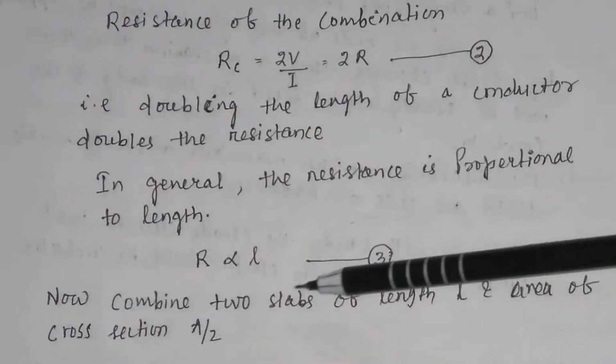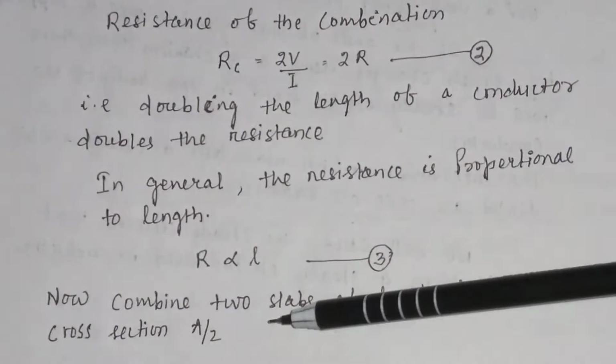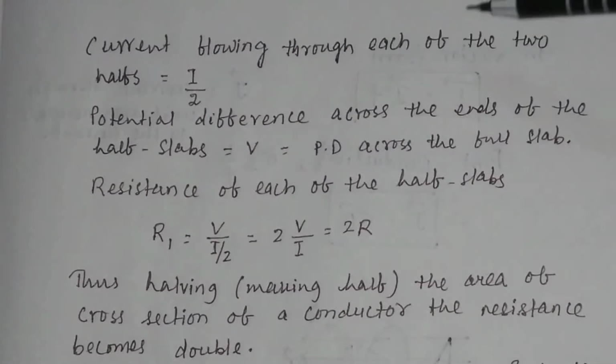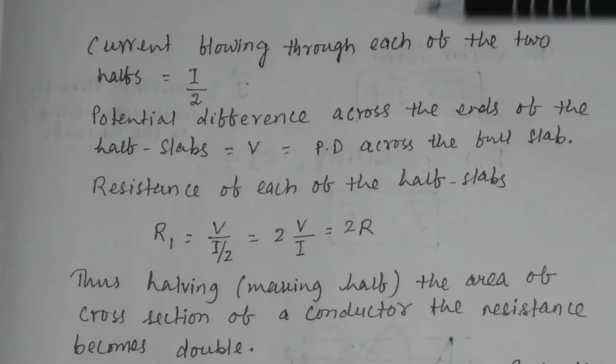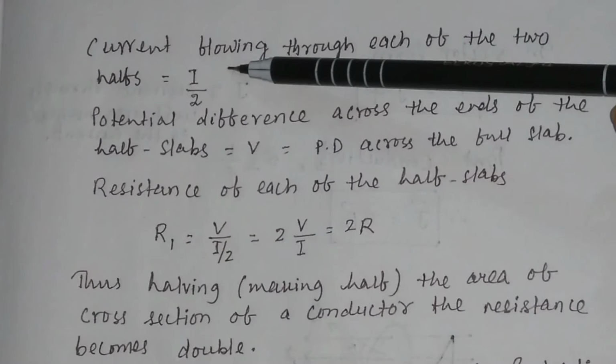So now combine the two slabs of length L and area of cross section A by 2. The current flowing through each of the two halves is equal to I by 2. Current will be half.